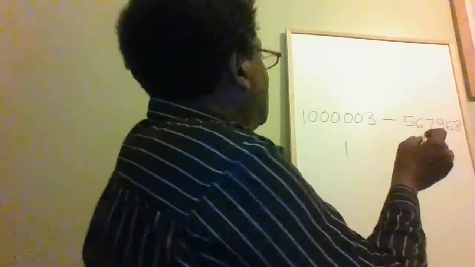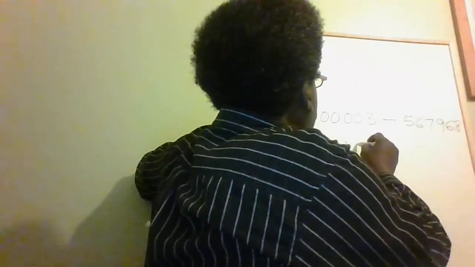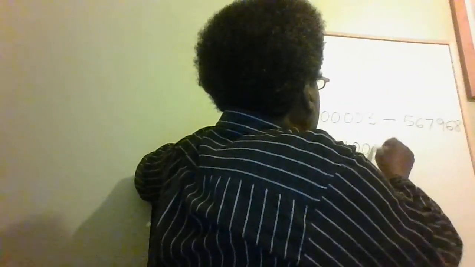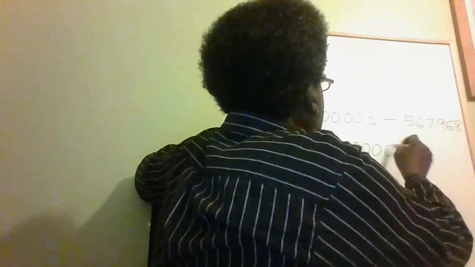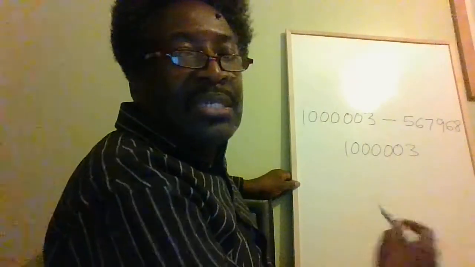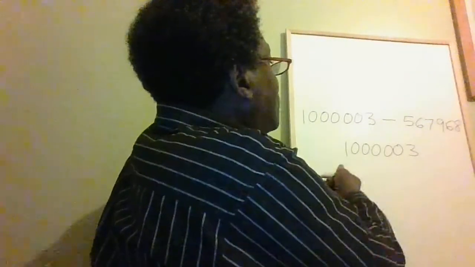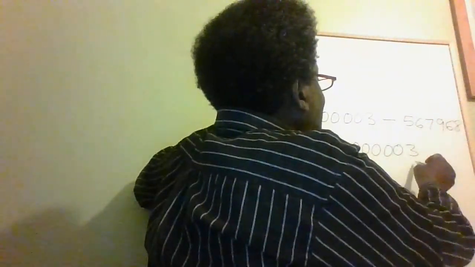So 1,003 take away 567,968. I'm going to write it from right to left so that I put the things in the right place.